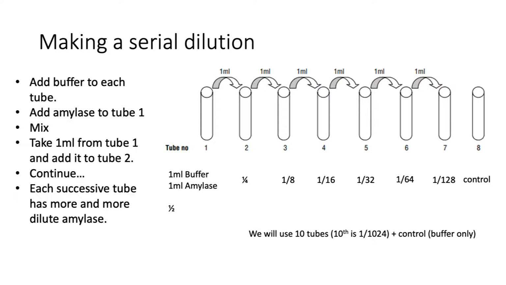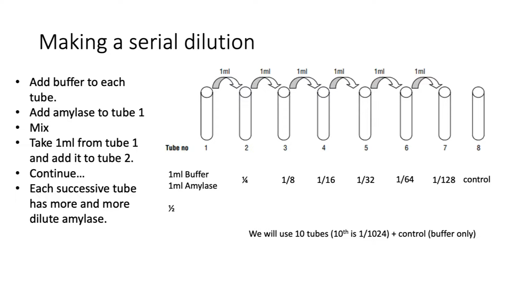To do this, we're going to first of all start by adding buffer to each tube. Then we're going to add amylase to tube 1 and mix it up. So tube 1 will contain a mixture of buffer and amylase. Then we're going to take half of that mixture from tube 1, and add it to the buffer that's already in tube 2.